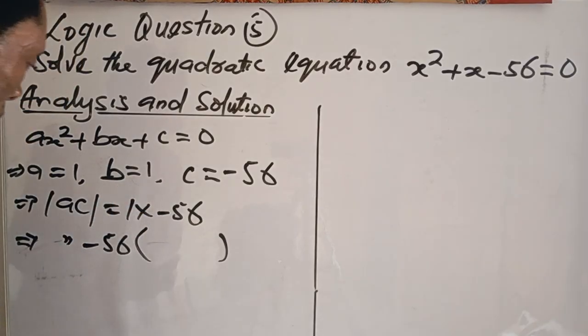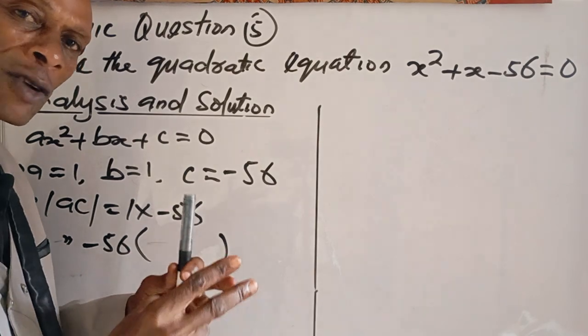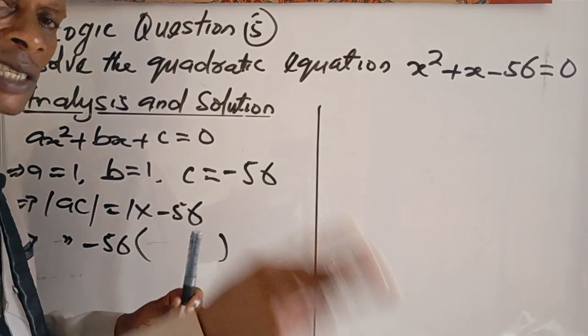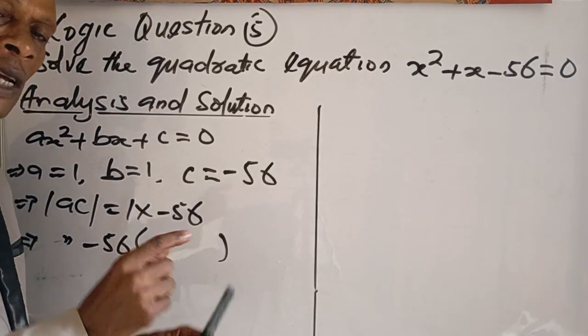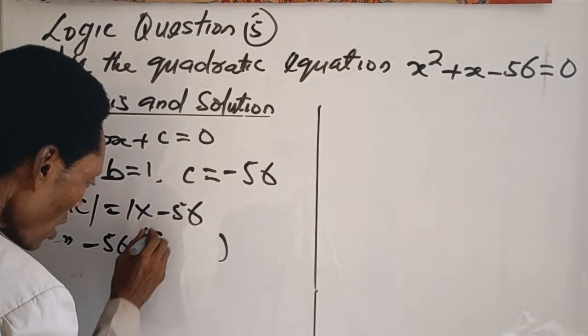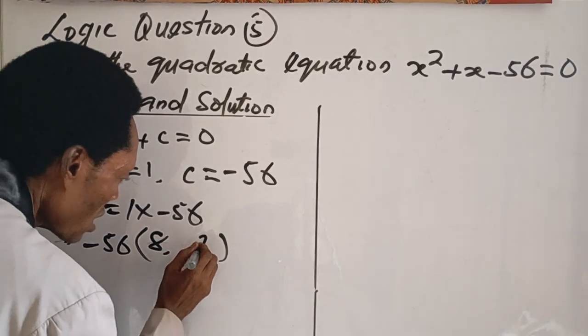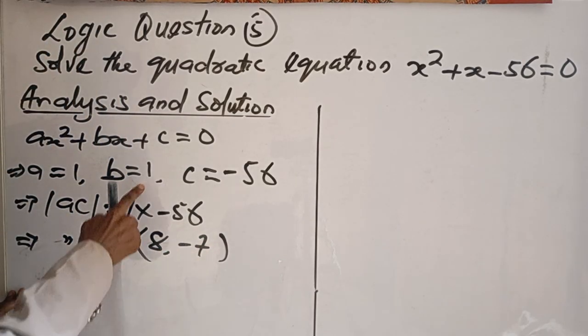Without waste of time, the 2 factors that multiply to give 56 are 8 times 7. Then how will you get a positive 1? It's 8 minus 7. So here will be 8 and here will be 7, then you put minus, because 8 minus 7 will give you positive 1.